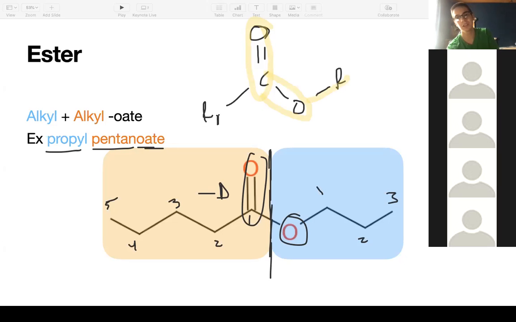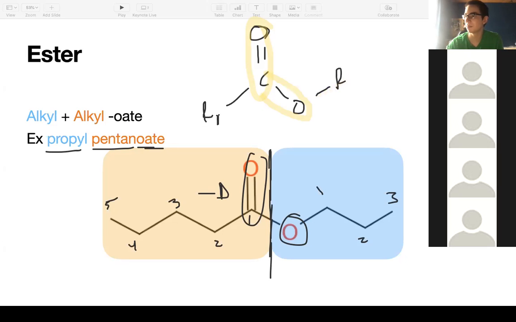So when we see a carbonyl group attached to an O, further attached to a carbon chain, we know that it's an ester. And that's just something you have to practice on, I guess.